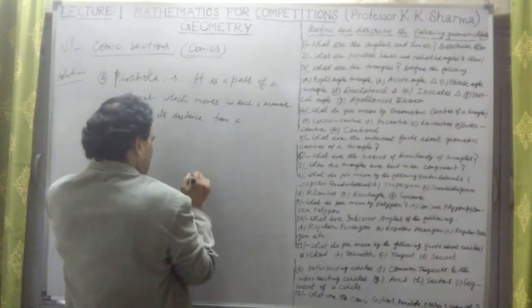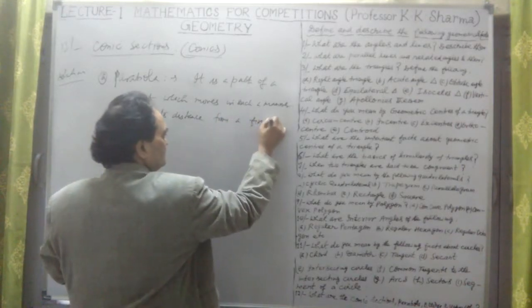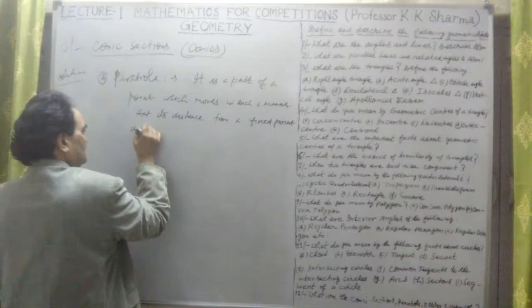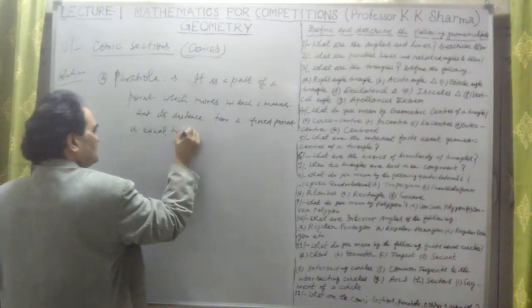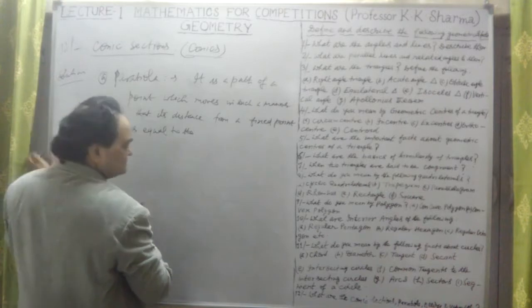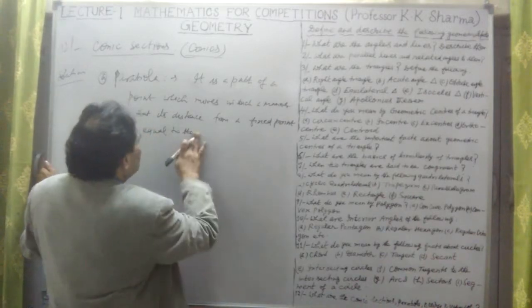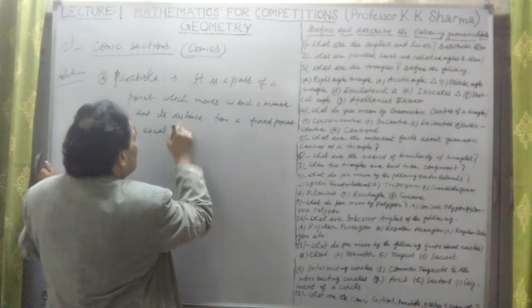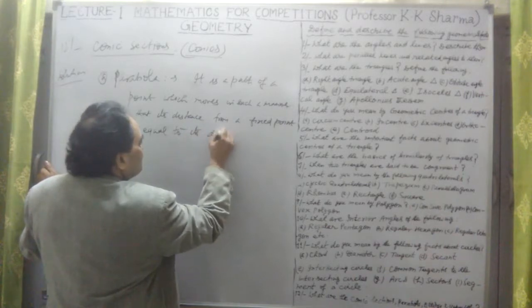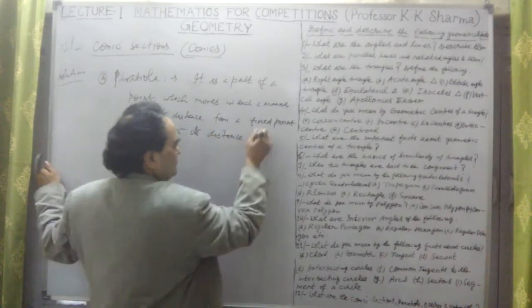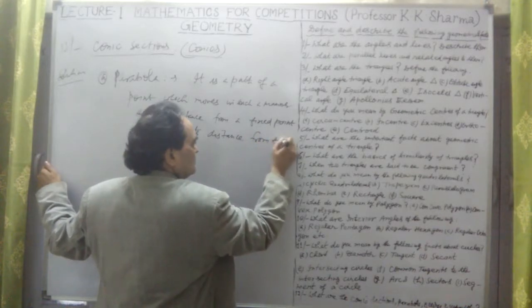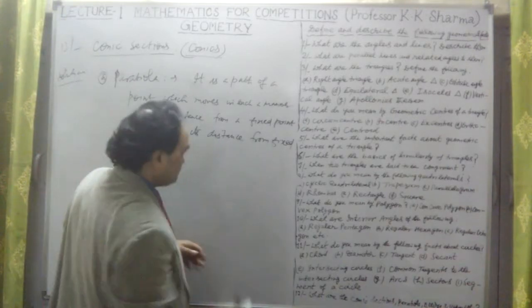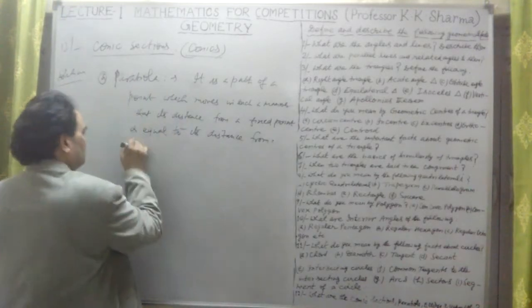from a fixed point is equal to its distance from a fixed line. Its distance is equal to its distance from a straight line. Simple.